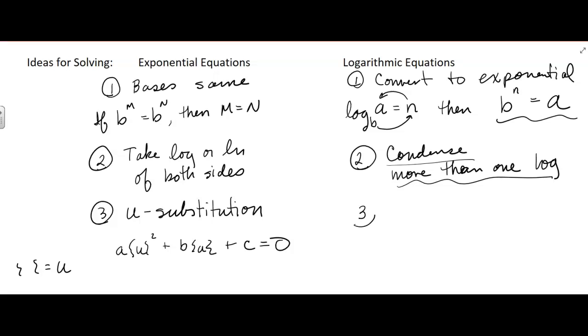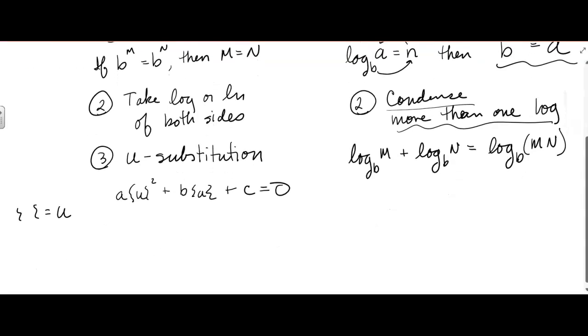All right, 3. Oh, let me just review those properties that we use. We have the property that if you have log base b of m plus log base b of n, you can write that as log base b of m times n. Okay, so you put it back together as one logarithm.